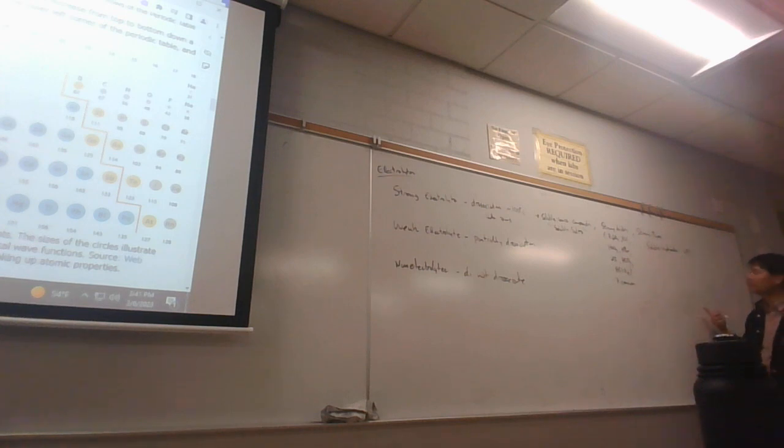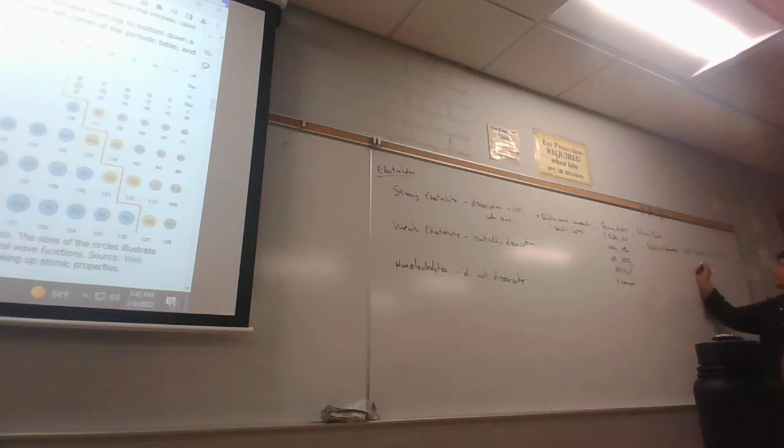So lithium, sodium, potassium, rubidium, cesium hydroxides are all strong bases. And calcium, strontium, and barium hydroxides would be strong.